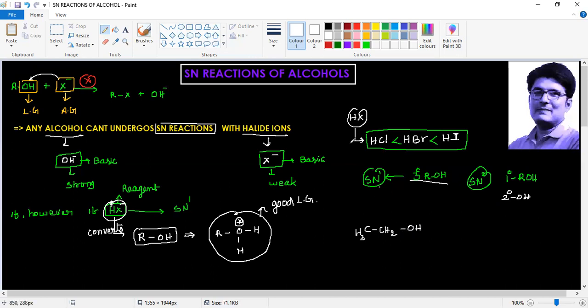Okay, this is the primary alcohol. Now this is the alpha carbon and this is the beta carbon. This one is the beta carbon, isn't it? So the beta carbon should be tertiary or quaternary.